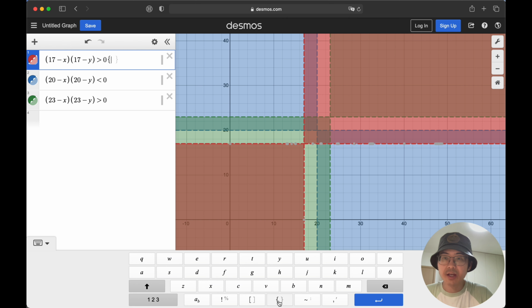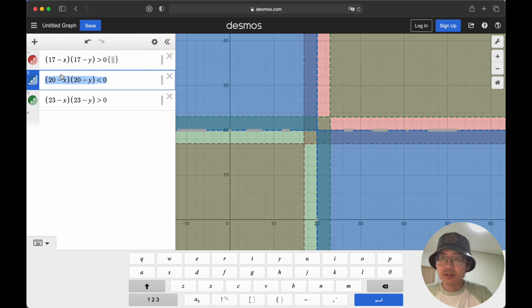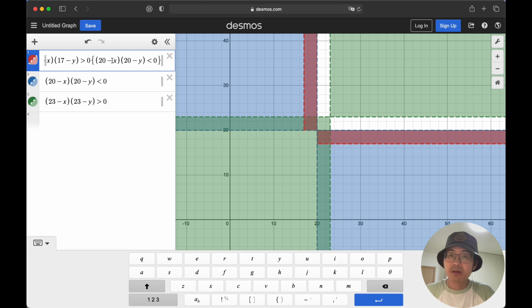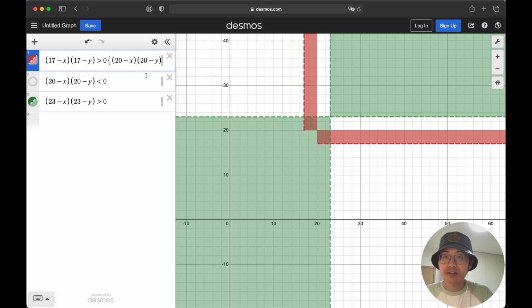Click on it and then copy the second inequality and put it into this parenthesis, and let's get rid of the second inequality. So now you see that the common region for the first and second inequalities is given in the red regions. We can keep doing the same thing for the third inequality.